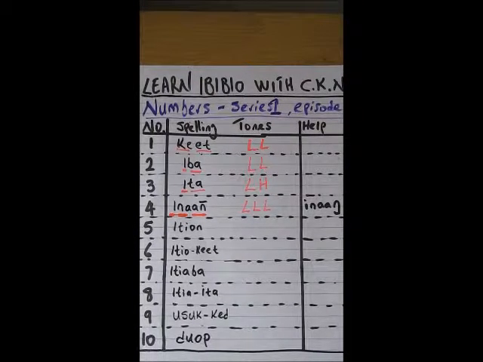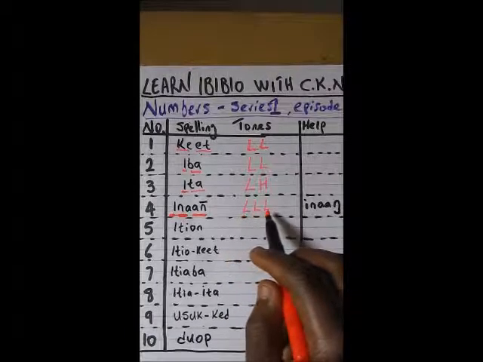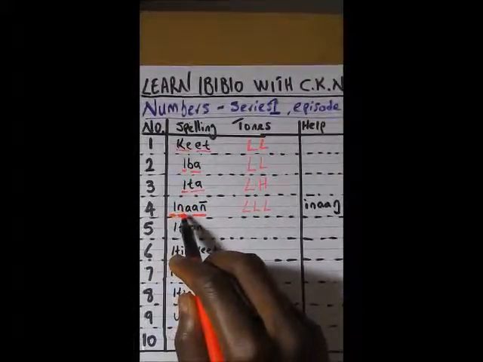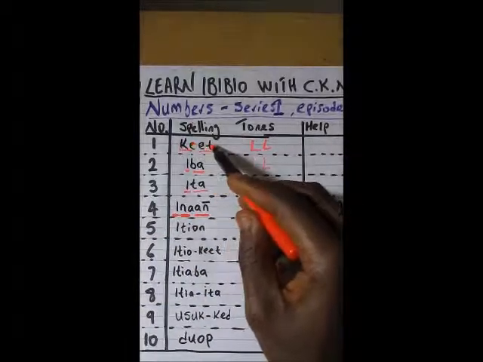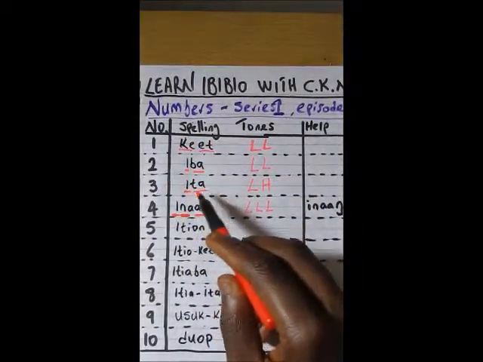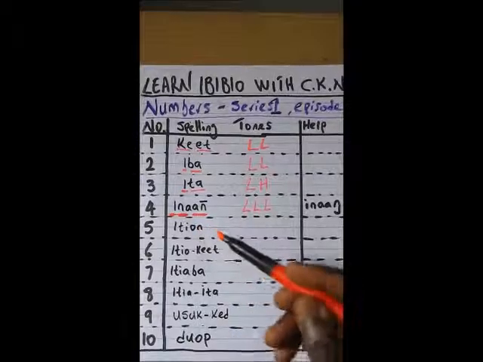So as I was saying, three low tones for the word 4, inang. So kiet, iba, ita, inang, right?